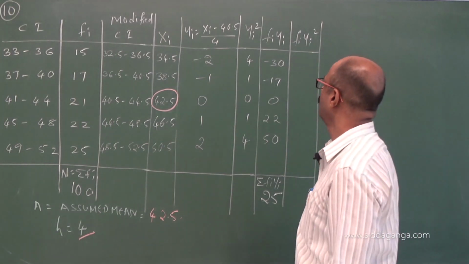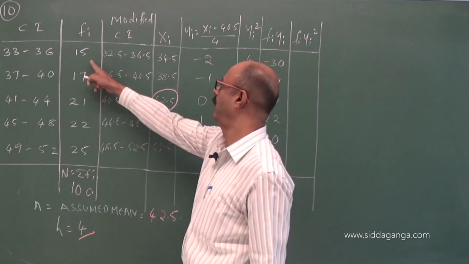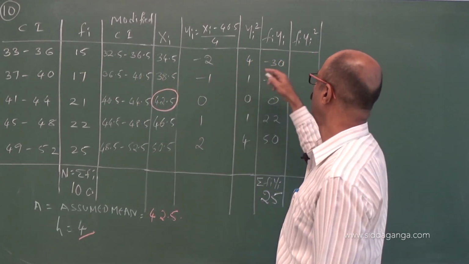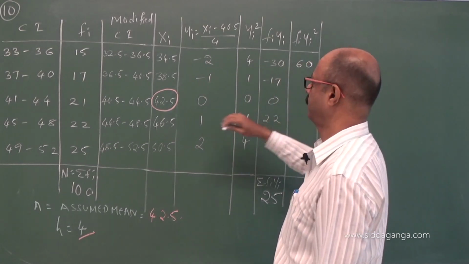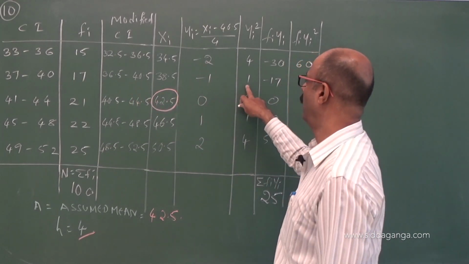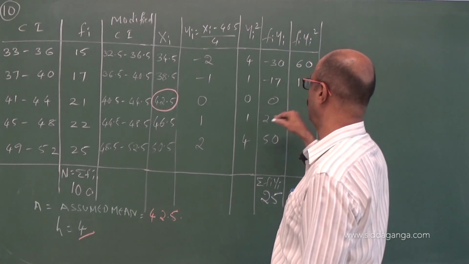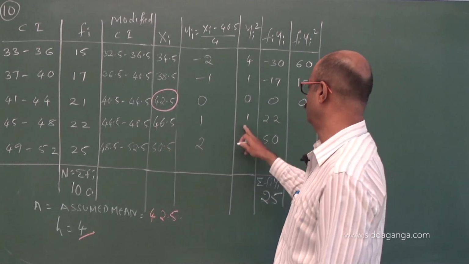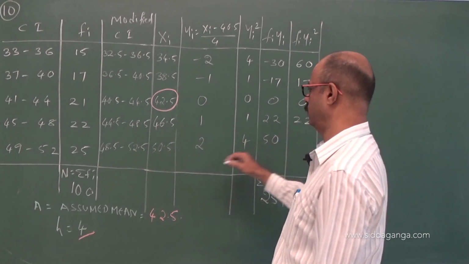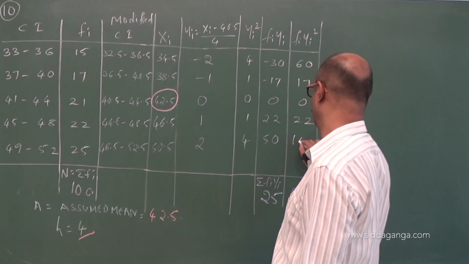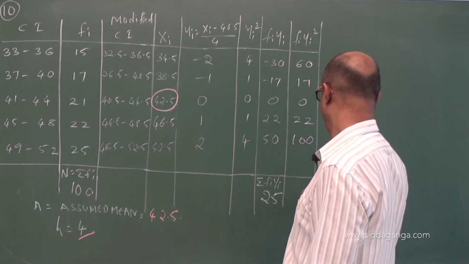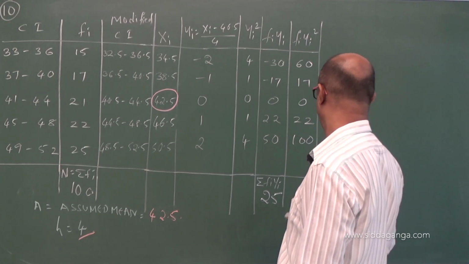Next, we will have the product of fi and yi square. Here you find 15 and here you find 4. 15 into 4, this is 60. 17 into 1, you will get 17. 21 into 0, you will get 0. 22 into 1, you will get 22. 25 into 4, this is 100. 7 plus 2, you will get 9.